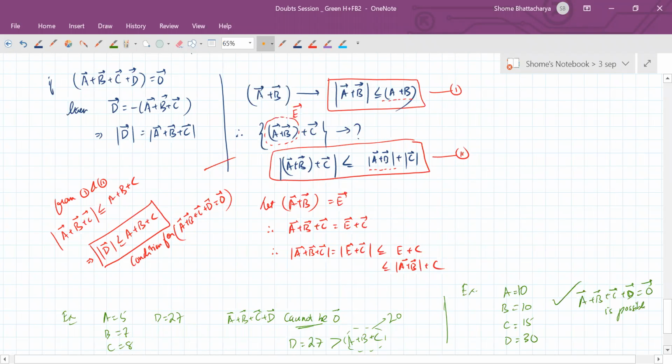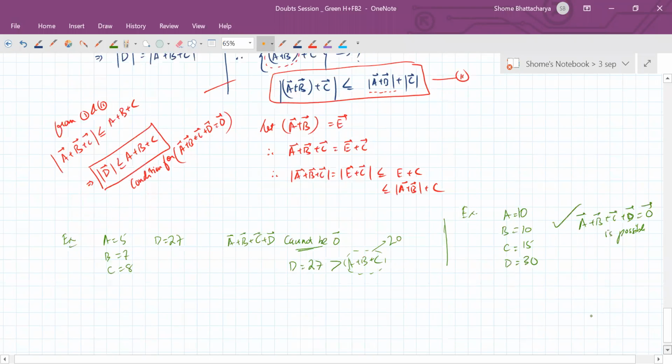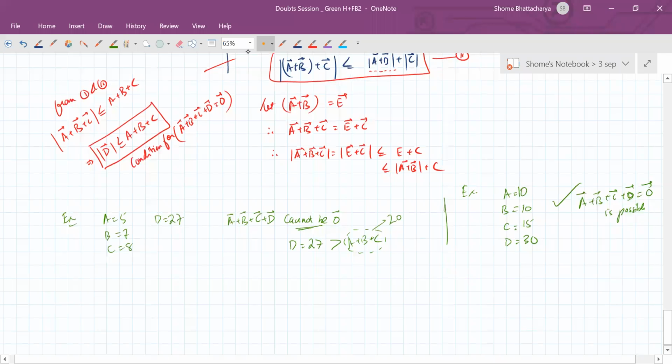Okay. And it will happen in the situation where the vector diagram looks something like this. They have to form a closed quadrilateral.